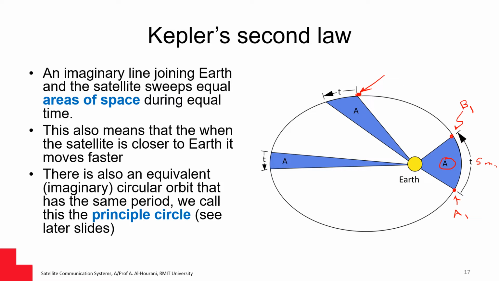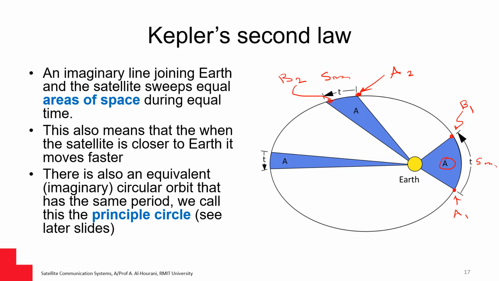And let's say the satellite is at a position A2, as I'm pointing to. And after 5 minutes, we check the position of the satellite. We find it at a position, let's call it B2. Now the area swept by the satellite between A2 and B2, you will find that this area is exactly equal to the first area.